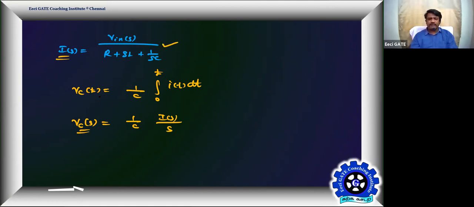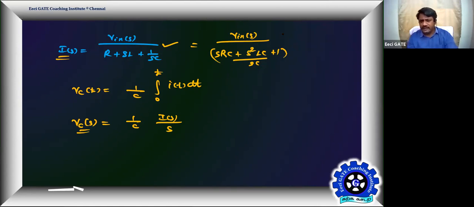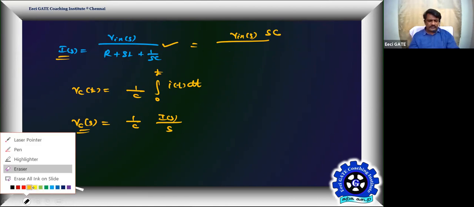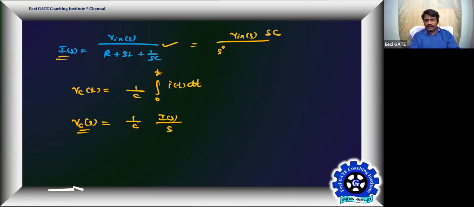So this is the equation for I of S. If we simplify I of S, we end up with Vin of S divided by, taking LCM, R that is SRC plus S square LC plus 1, by S into C. Taking SC to the numerator, you end up with Vin of S into SC divided by S square LC plus SRC plus 1.